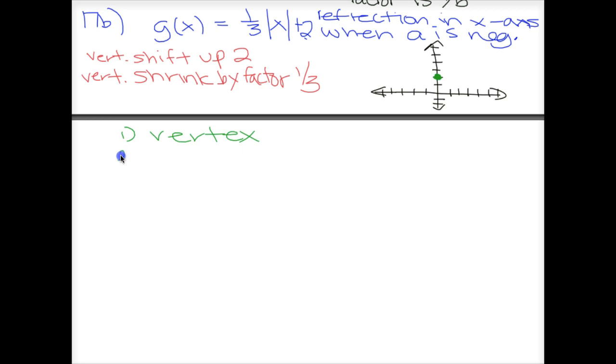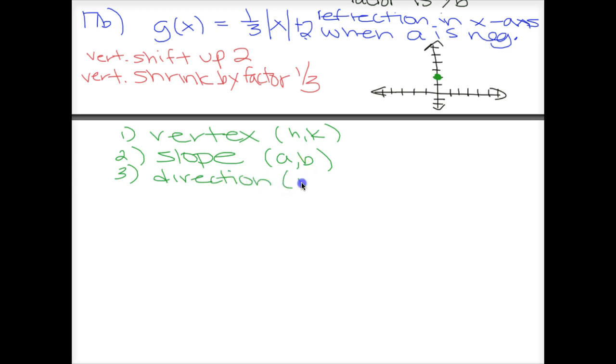After the vertex, then you need to find the slope. So the slope is A or B. So for the vertex, we look at H and K values. And for the slope, we look at A or B values. So I have an A value of 1/3, so that means my slope is 1/3. Now, last thing I need to look at is direction. This is based on, is there a reflection?